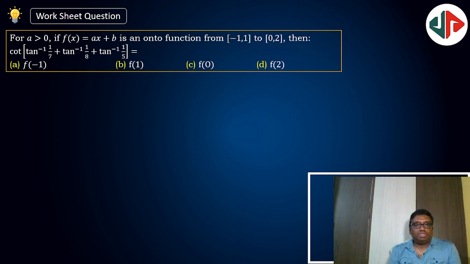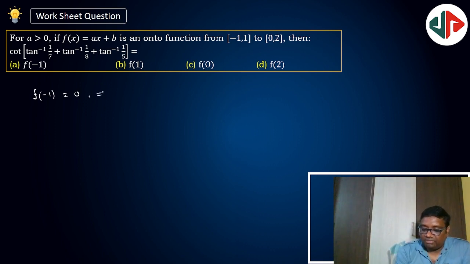Here f of minus 1 is equal to 0 and f of 1 is equal to 2. It is an onto function, and a is always greater than 0, it is given. So clearly f of minus 1 is equal to 0, which means minus a plus b is equal to 0.